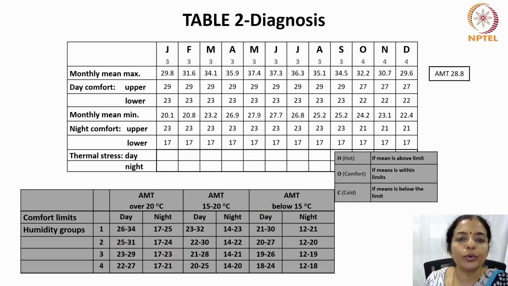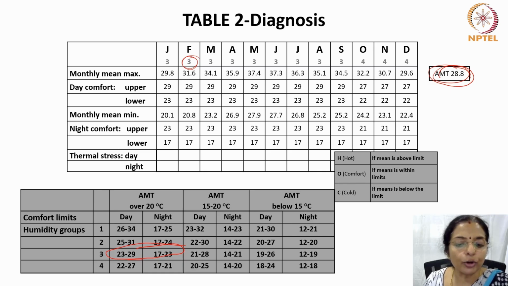So you can see for February what happens. February, it is again a combination of 28.8 and 3, and therefore this would be the AMT which you have to fill in, day comfort and night comfort. But when it comes to October, November, December, the AMT is 28.8 and humidity group is 4. So this is what I'll change the color so that you will be able to understand.